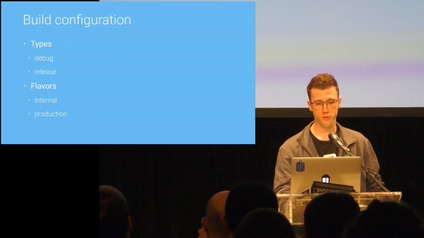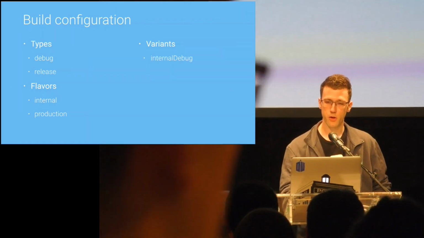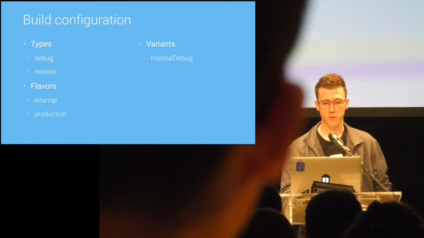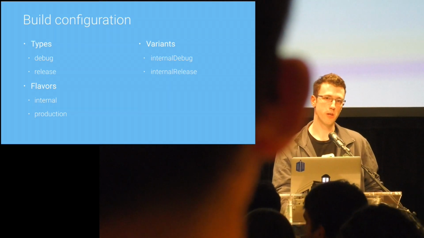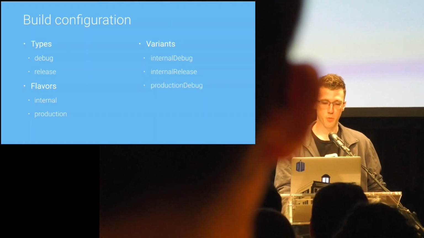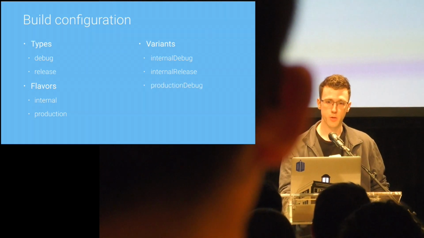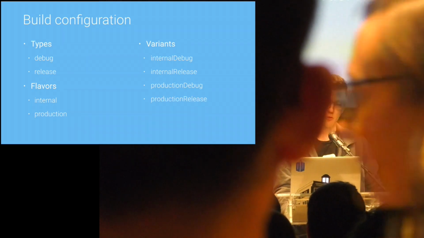And this produces 4 build variants. It's a cross product. So we're going to have internal debug. This is where all of the debug tools are going to live. Internal release, this is what we ship internally at Square for internal and beta testing. Production debug, this is simply just a debug version of the release build. And then production release, this is what we upload to the Play Store.